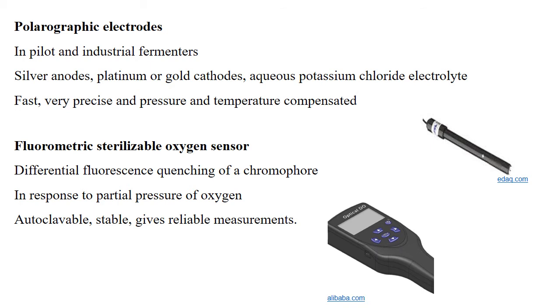By measuring the extent of fluorescence, we can get the concentration of dissolved oxygen in the fermentation media. This sensor is autoclavable, and not much maintenance is needed. It is stable over longer periods of working and gives reliable measurements.